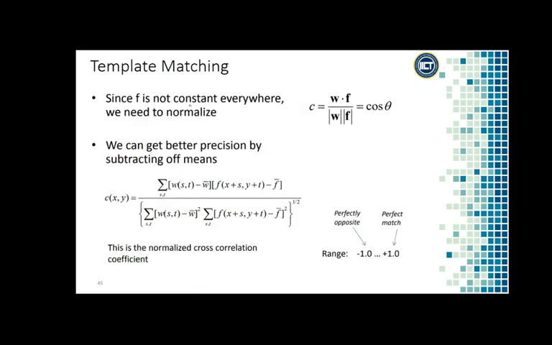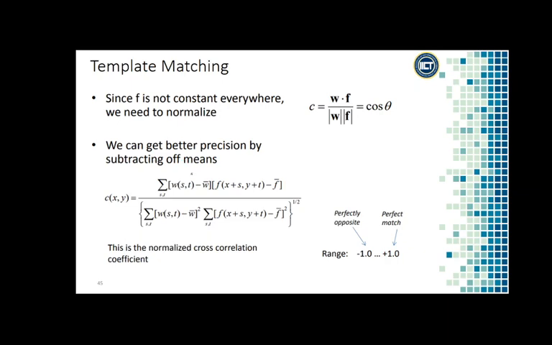For template matching, since F is not constant everywhere, we need to normalize, and it's also good because sometimes you have noise, so for eliminating the noise, and for dealing with F not being constant everywhere, we can get better precision by subtracting off the means.